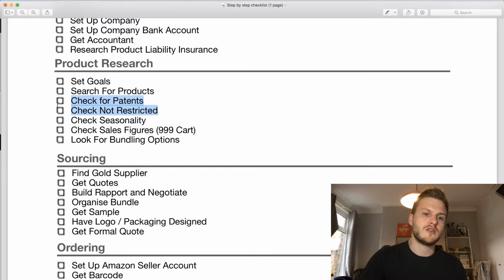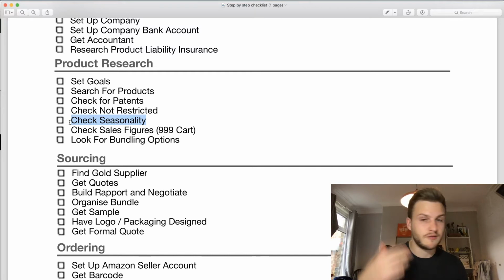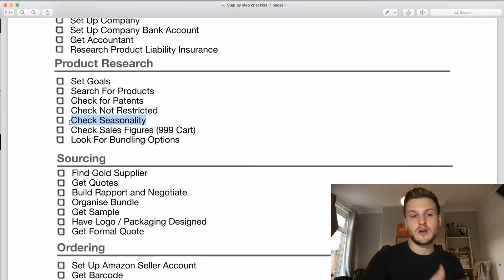So there's a whole bunch of stuff within checking the viability for your product, like checking seasonality. I see people buy seasonal products. For some reason, I don't know why, but they just don't realize they're seasonal. So there's loads of checks you have to go through on your product research, okay? And this is one big difference between my Amazon FBA course and other people's courses. They don't specifically go into detail with what you have to check.